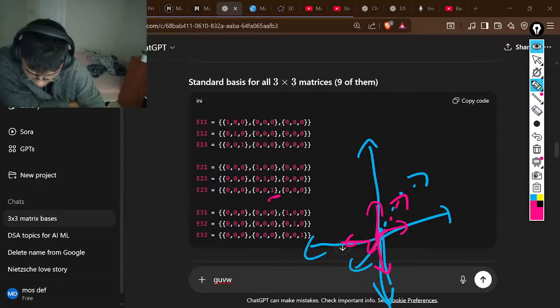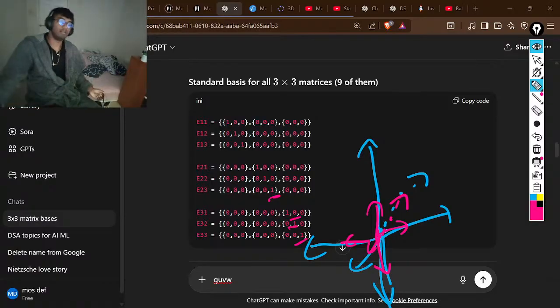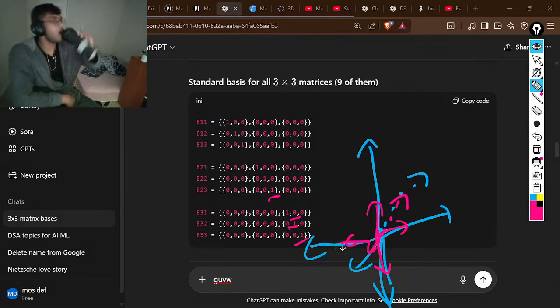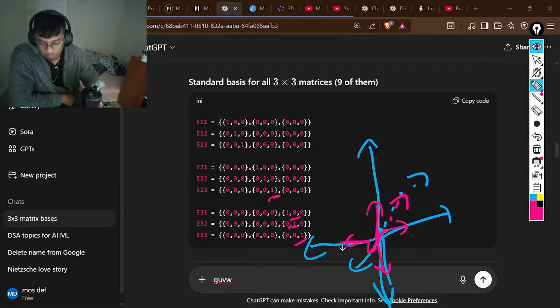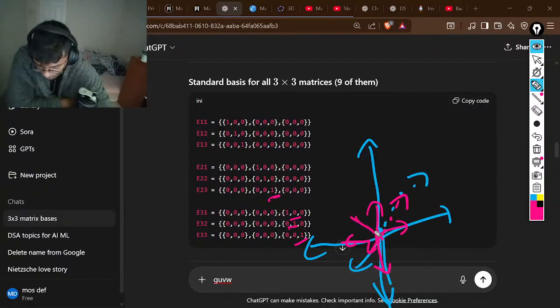I don't know. What does this mean? What does anything ever mean? I'm so smart. But like, what? Does it mean somewhere in the center? I mean, that doesn't make any sense.